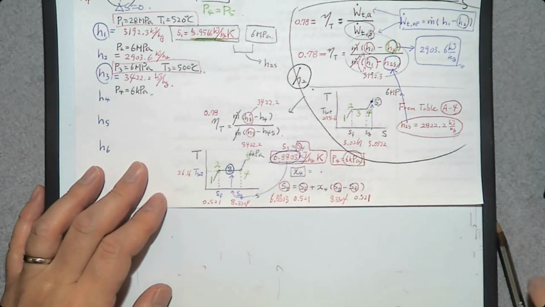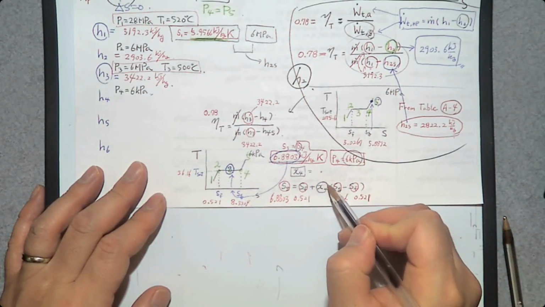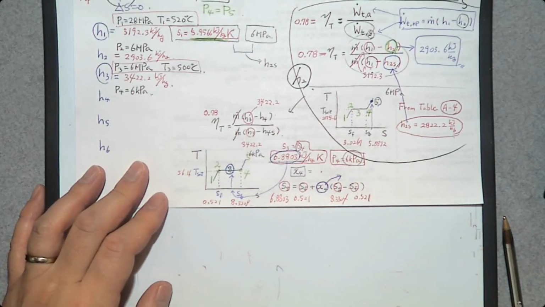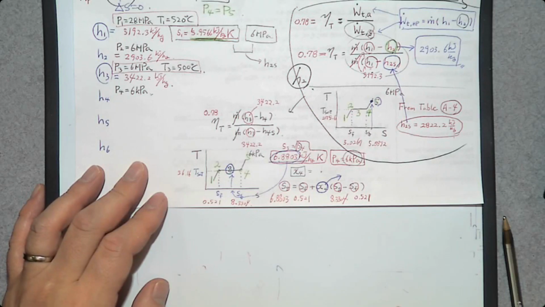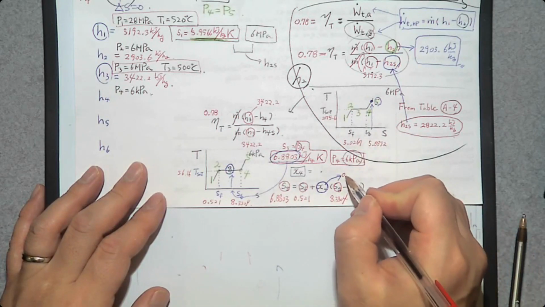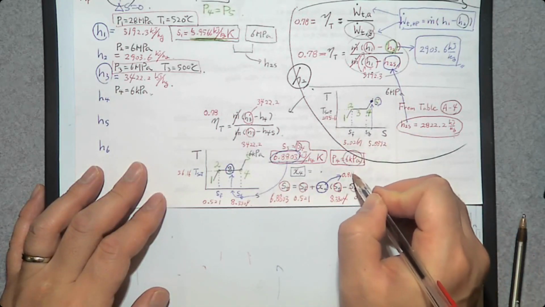So we have everything but quality X. Can we determine quality X? Yes, we can. The quality X is 0.8143.